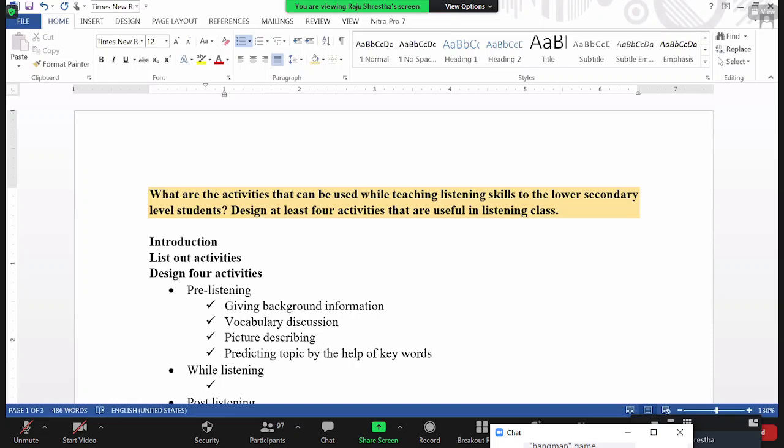These are a few to mention here. Okay, while listening activities, these are also activities.